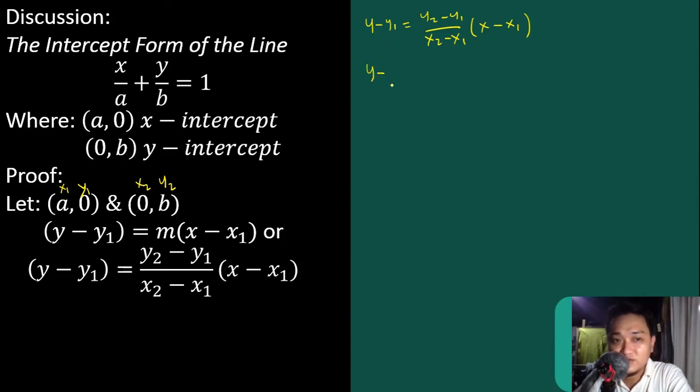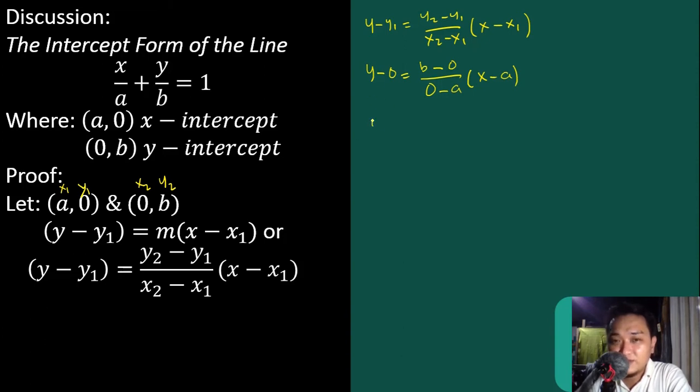Y minus y sub 1 is 0. Our y sub 2 is b minus y sub 1 is 0 ulit. X sub 2 is 0 minus x sub 1 is a times x minus our x sub 1 is a. Yan. Now let us try to solve this equation.